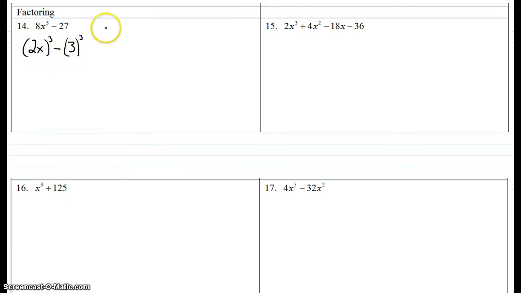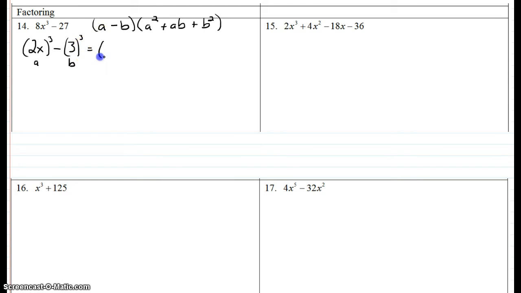So since we're able to rewrite it like that, we should write our formula. So it's a minus b, a squared plus ab plus b squared. And since we've already broken it down, we can just go ahead and let this is a, this is b, and just replace everything.